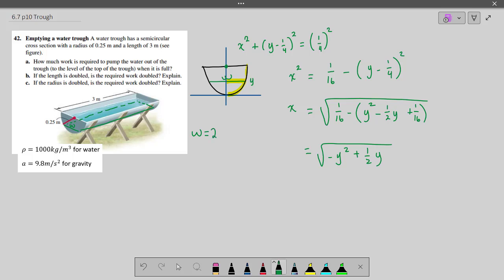So this will be the width of our cross section. Does that make sense to everybody? Yeah. This x value is only measuring from the y-axis over, but we have to double it to get all the way across that parabola, or that semicircle.